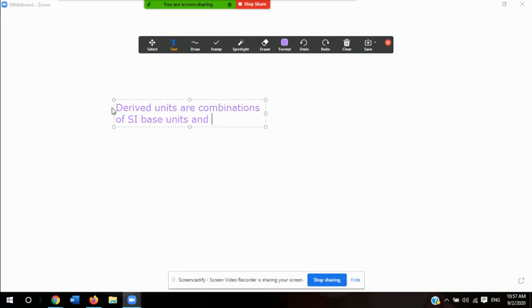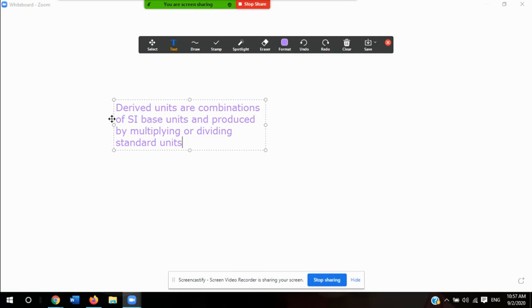They are obtained, or produced, it's not to go too far from your book, produced by multiplying or dividing standard units.